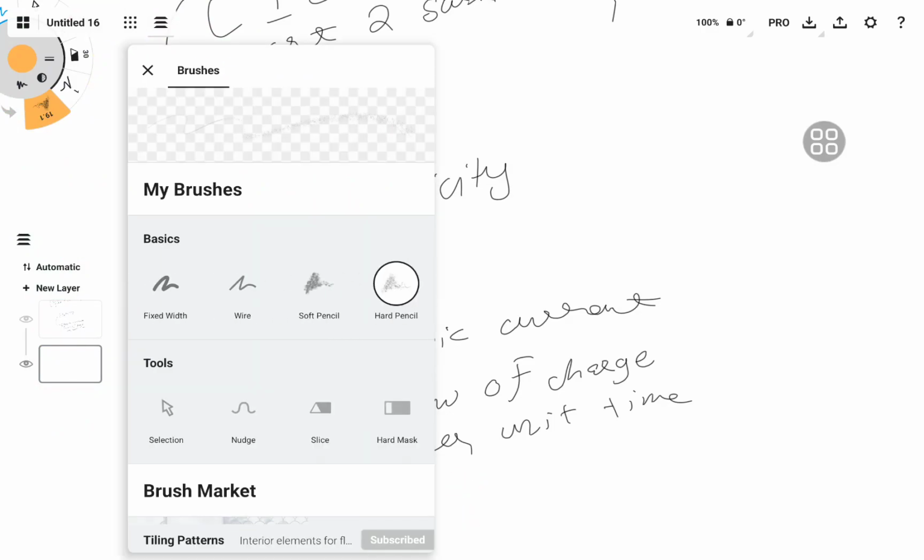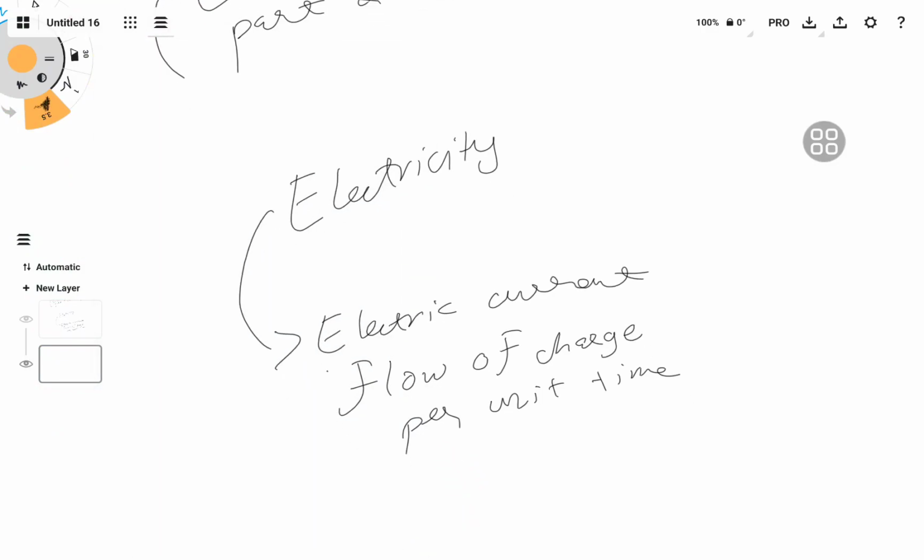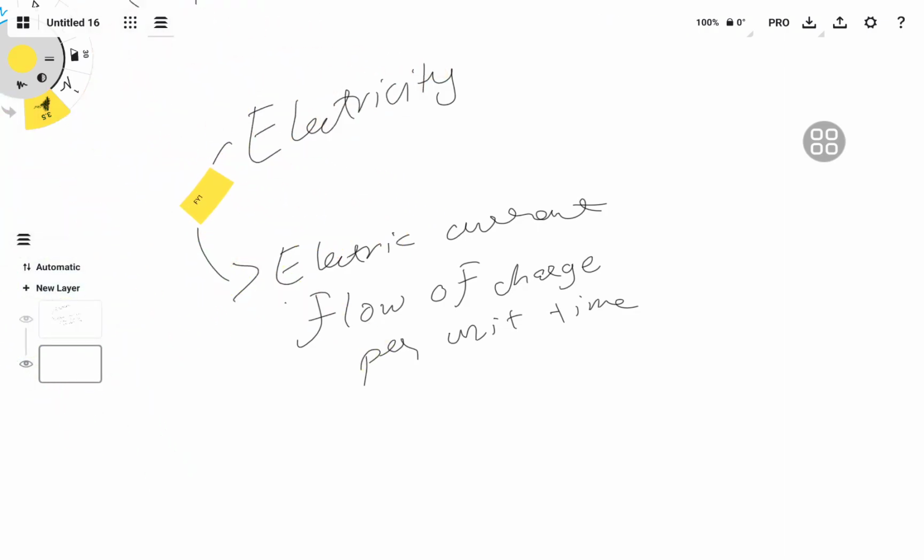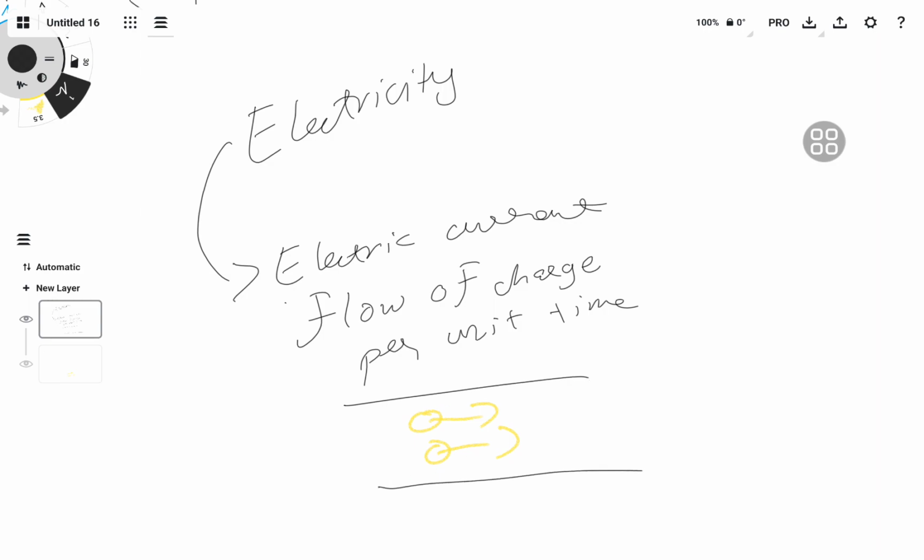Let me choose the other pencil, the soft pencil, and change the color. So these are going through a wire. So current is basically I equals Q over T, and the SI base unit is the ampere.